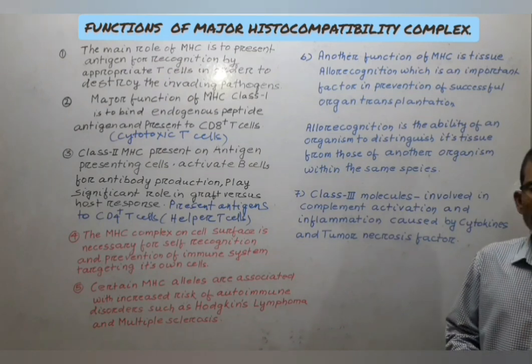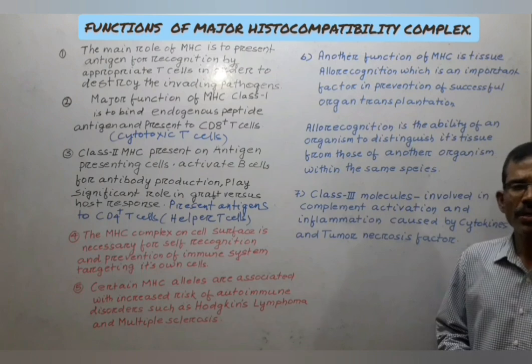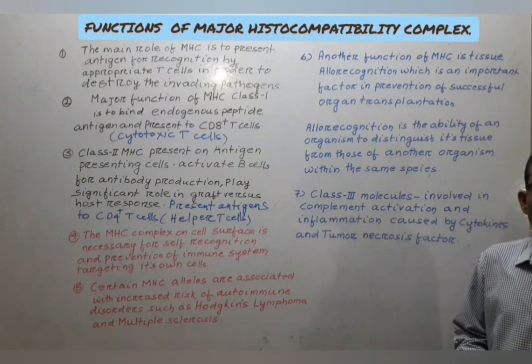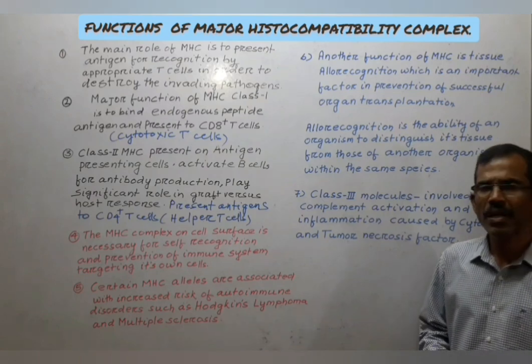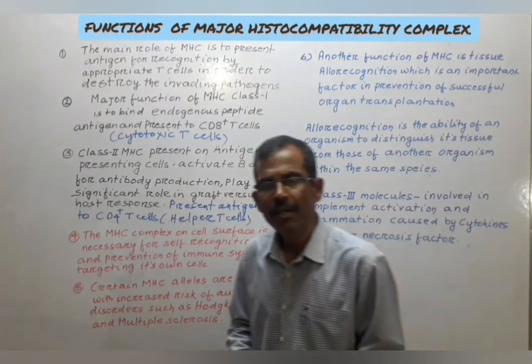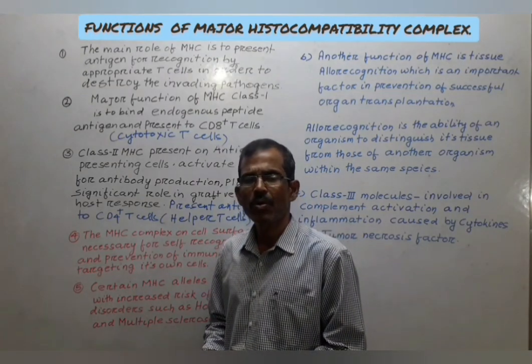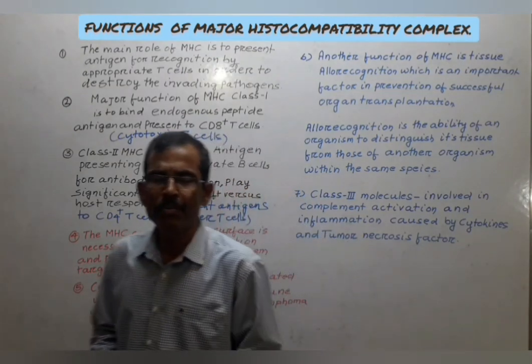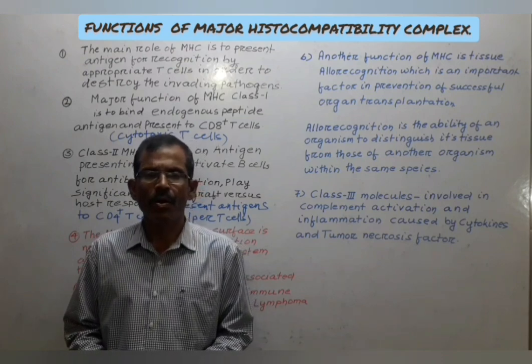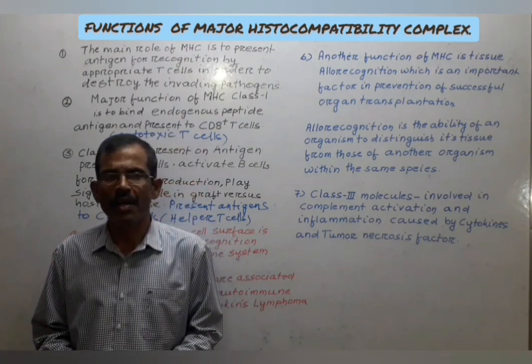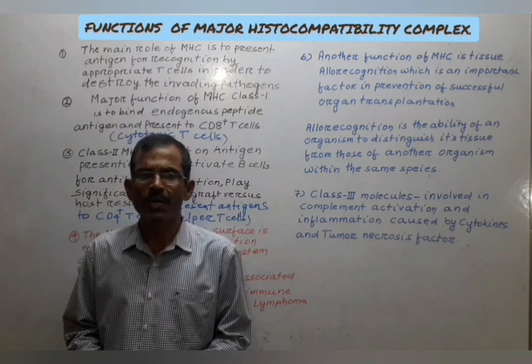Some MHC alleles are associated with increased risk of autoimmune disorders such as Hodgkin's lymphoma and multiple sclerosis. Finally, class 3 MHC molecules are involved in complement activation and in inflammation caused by cytokines and tumor necrosis factors.